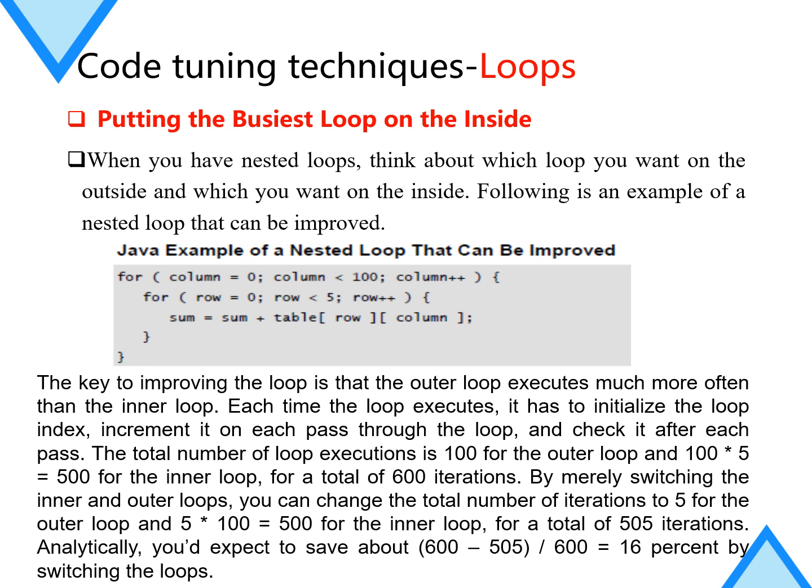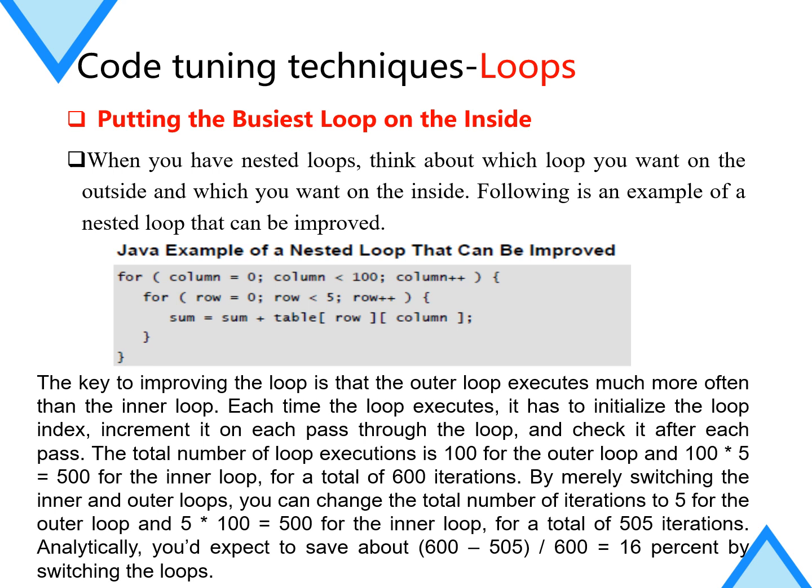So in this, the outer loop executes 100 times and the inner loop executes 5 times. So we multiply 5 by 100, so actually the inner loop executes 500 times and the outer loop runs 100 times. So the total execution is 600 iterations.